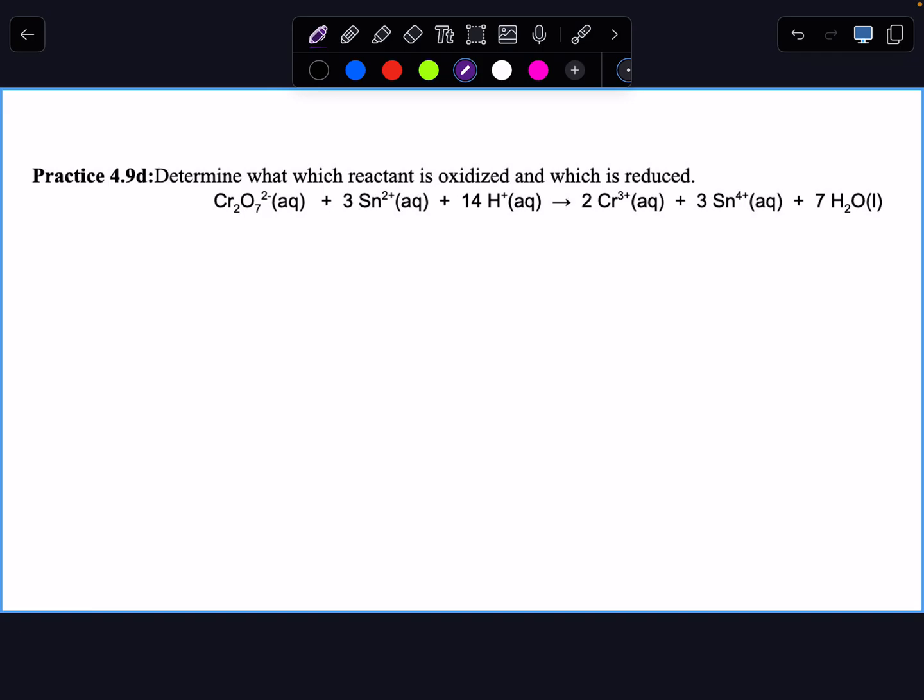There should still only be one thing being oxidized, and one thing being reduced.